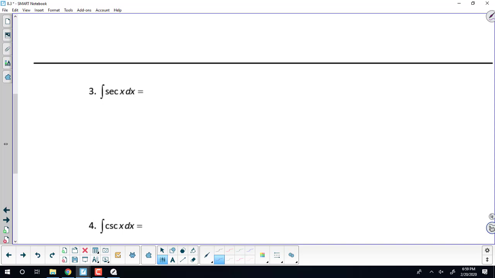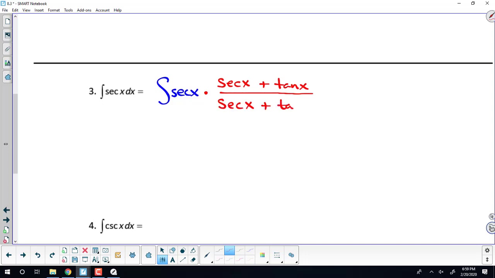So we're going to write this as the antiderivative of secant. And then we're going to multiply by a form of 1 in the form of secant x plus tangent x over secant x plus tangent x. I don't know that it's immediately obvious why you should do that.